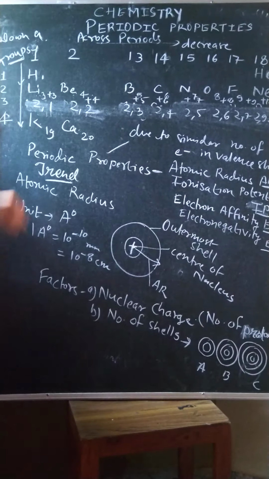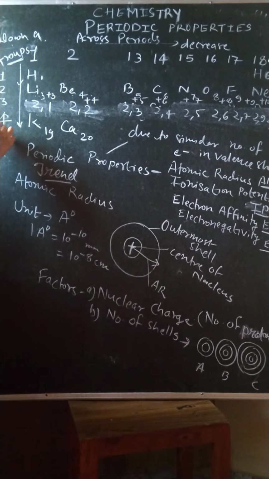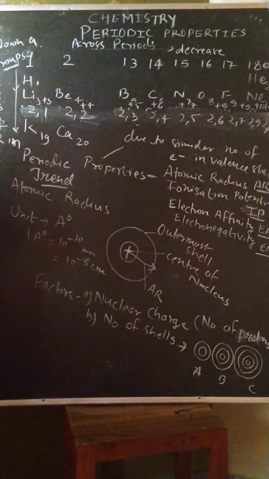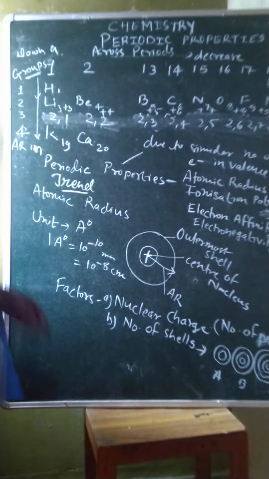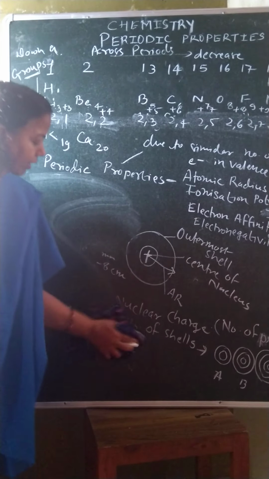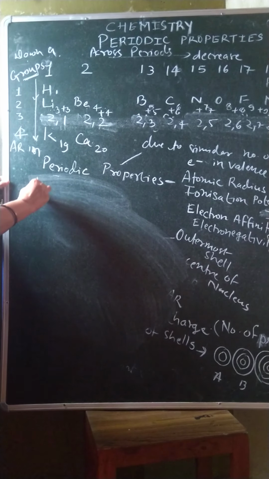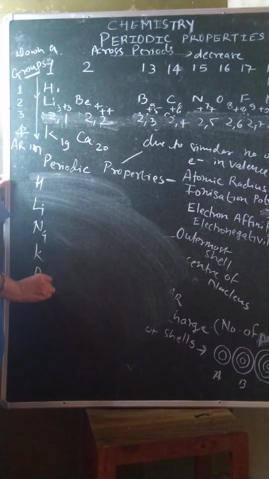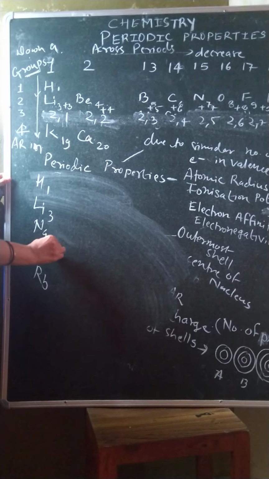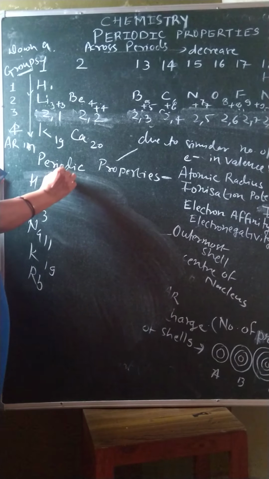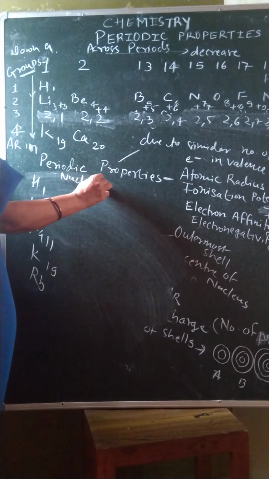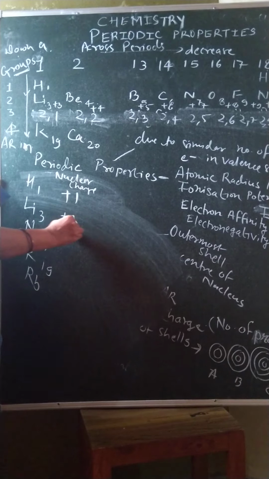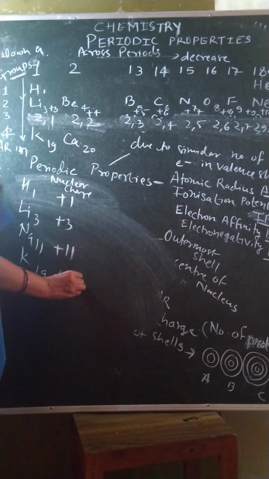Now just the opposite of it, going down a group, atomic radius increases. How can we understand it? By taking the example of group 1. Group 1: hydrogen, lithium, sodium, potassium, rubidium. 1, 3, 11, 19. Now the nuclear charge, you know the number of protons is the nuclear charge. So plus 1, plus 3, plus 11, plus 19.